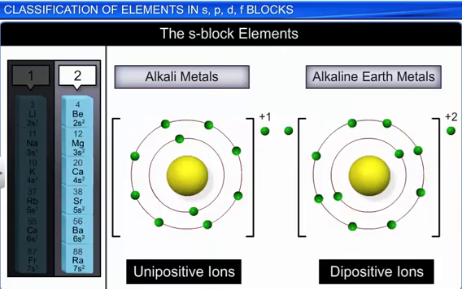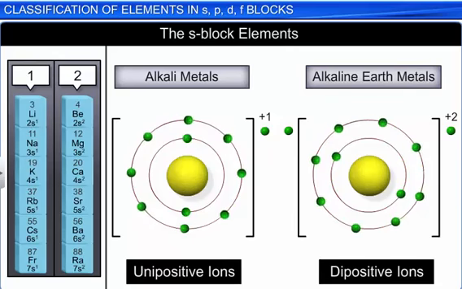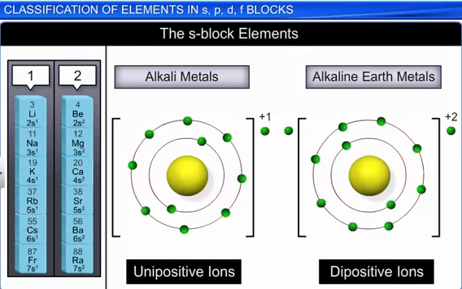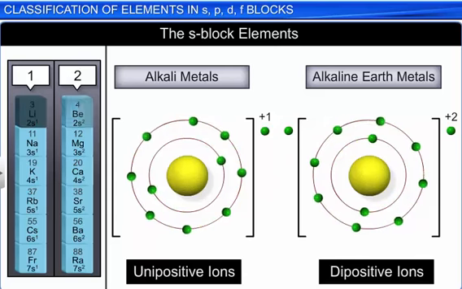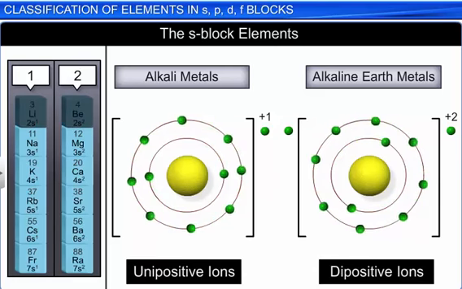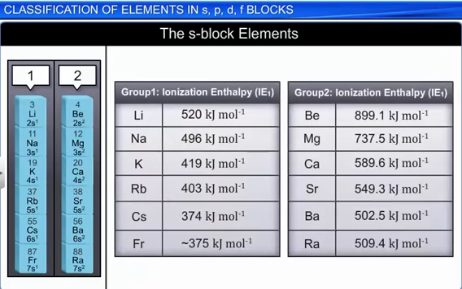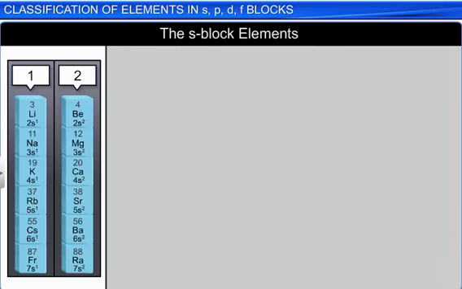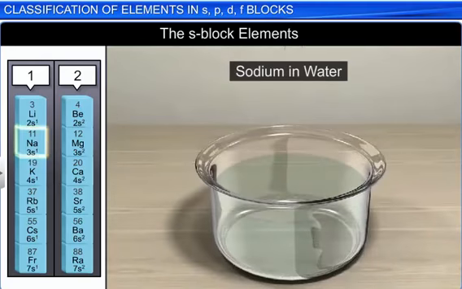Therefore, the compounds formed by the s block elements, with the exception of those formed by lithium and beryllium, are ionic in nature. Due to low ionization enthalpies, s block elements are highly reactive and therefore are never found in pure form in nature.